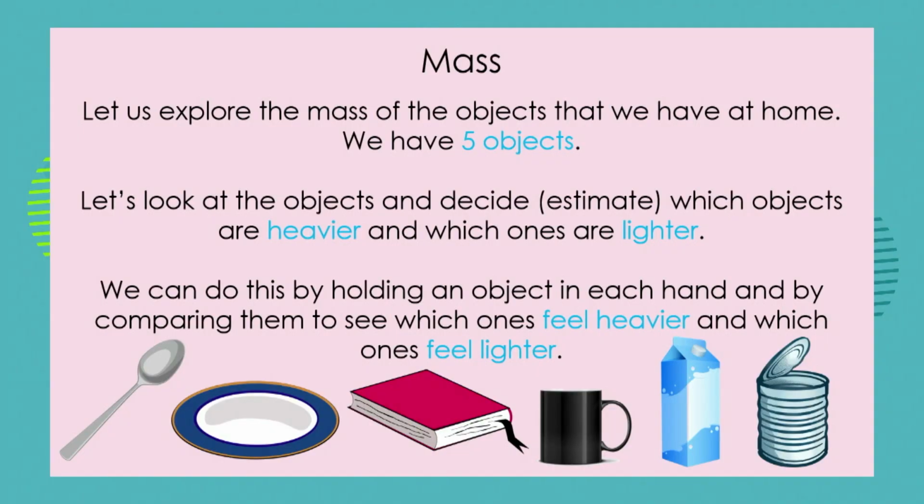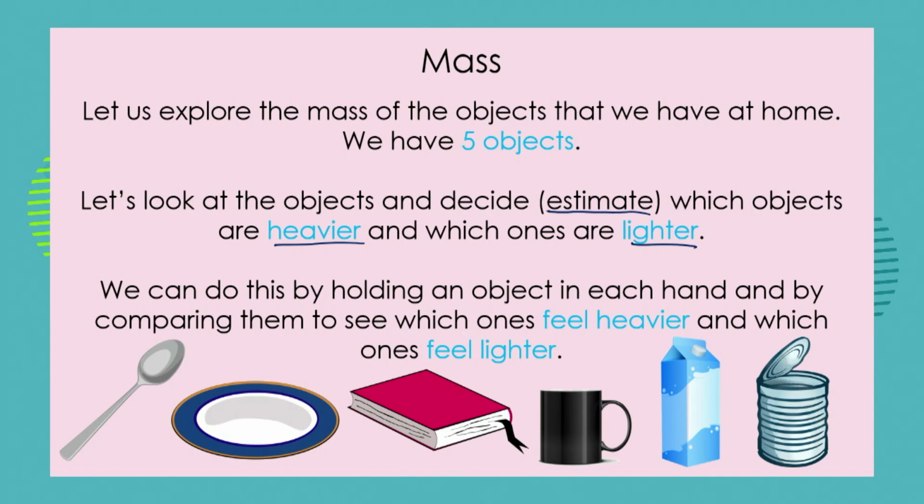So let us explore the mass of objects that we have at home. We have some objects over here. So let's look at the objects and decide, or like we learned previously, estimate which objects are heavier and which ones are lighter.